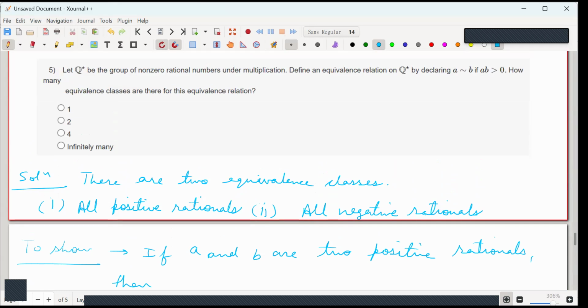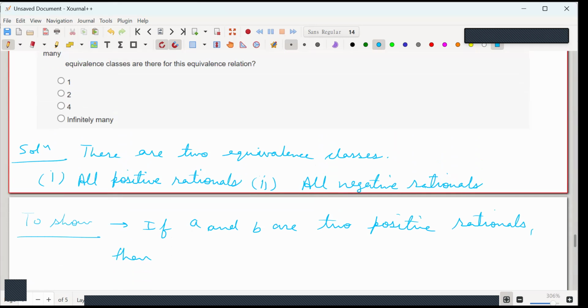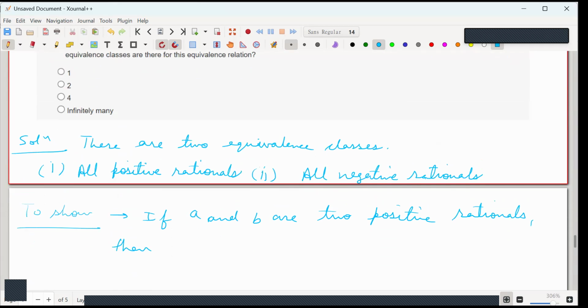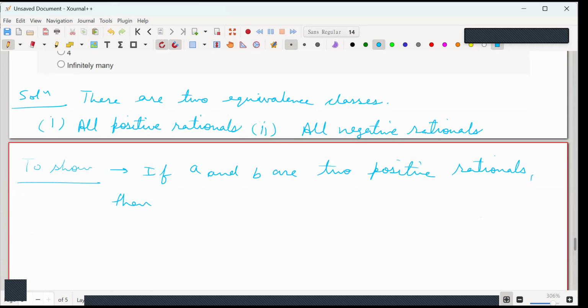Okay, okay. I was just misinterpreting this relation. You are right. The product of two positive rationals is again a positive rational, so they are related.